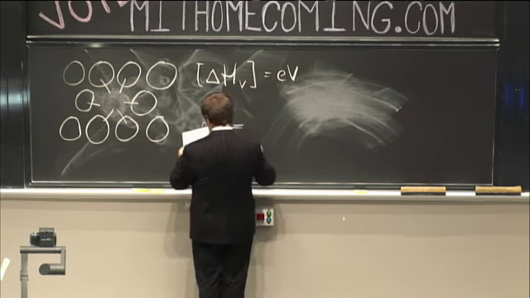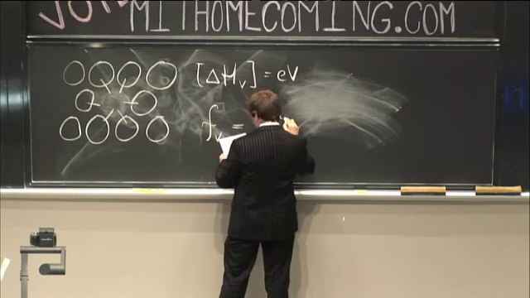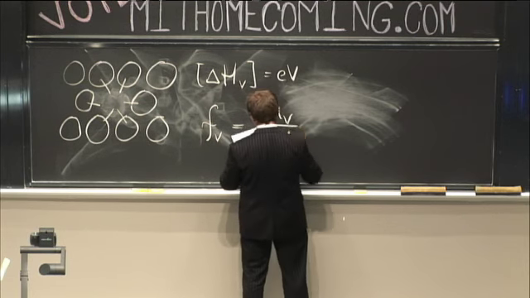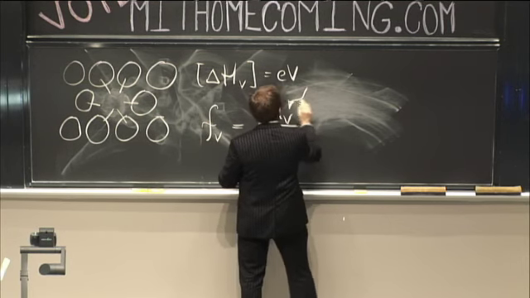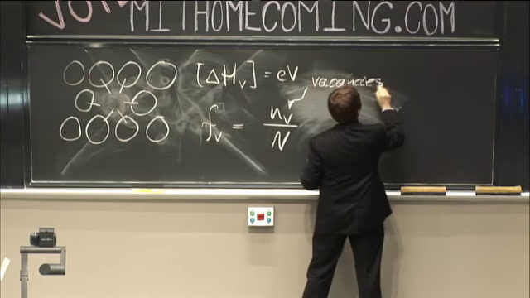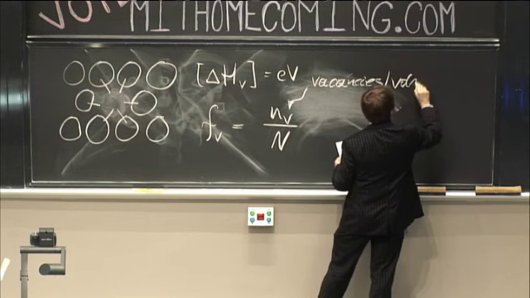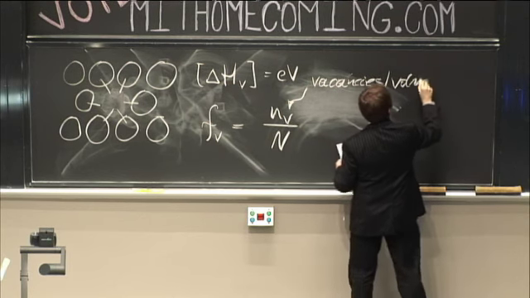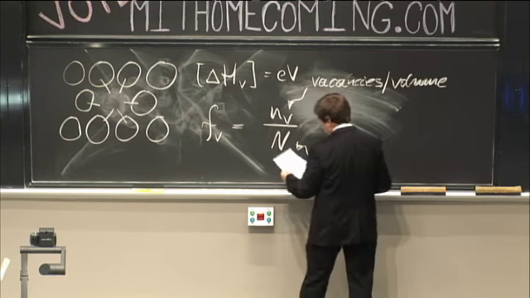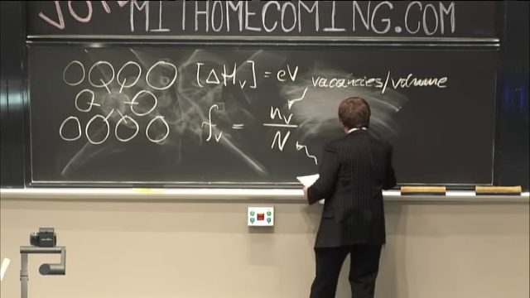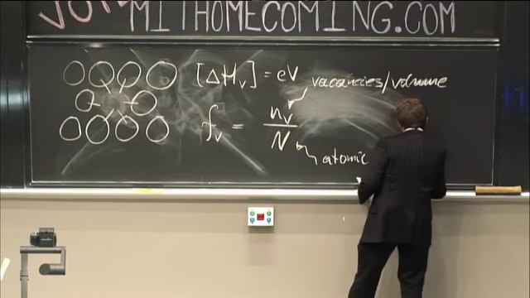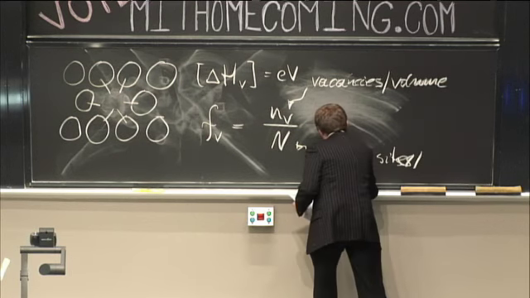So this is actually going to be expressed as a ratio, which I'm going to call this. This is the number of vacancies per unit volume, and this is the number of atomic sites also per unit volume.